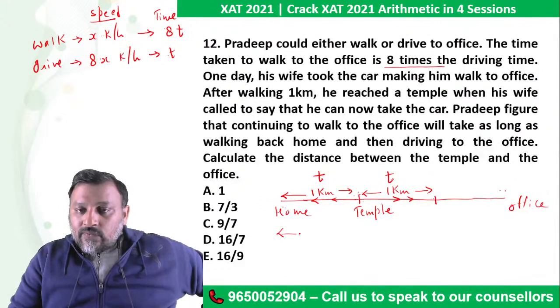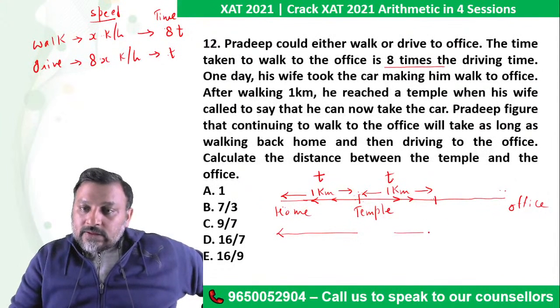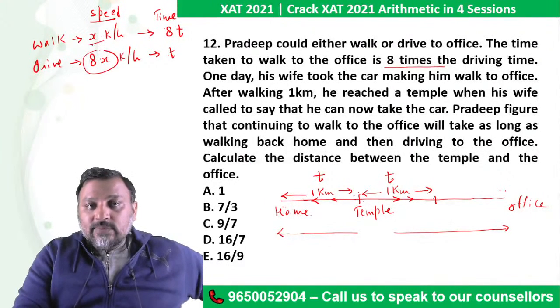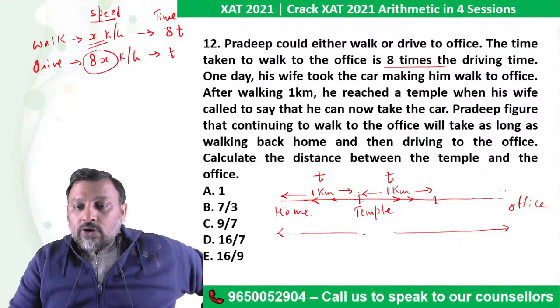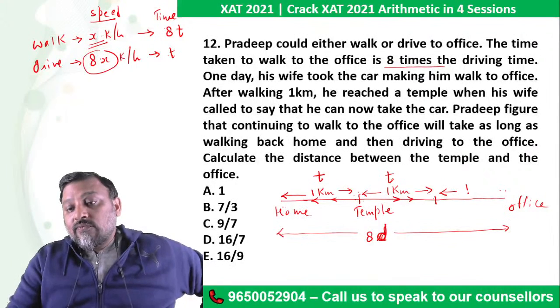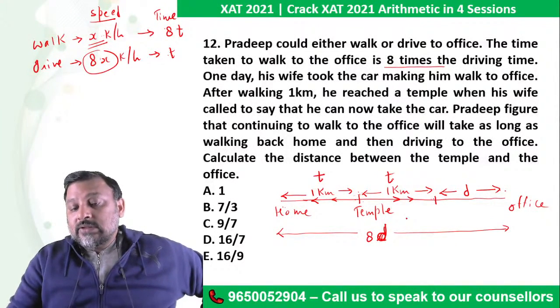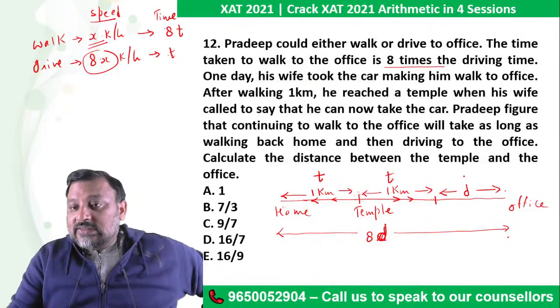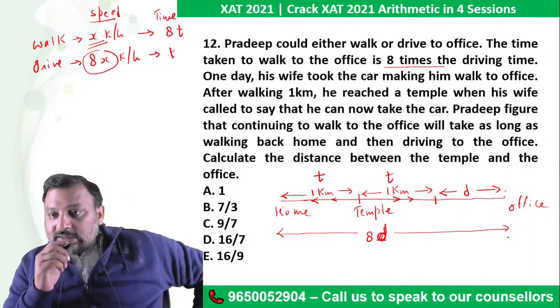Then we know, since his driving speed is 8 times his walking speed, he can cover 8d distance in the same time in which he can walk d distance. The time taken to drive 8d is the same as the time taken to walk d. Are you guys getting this?